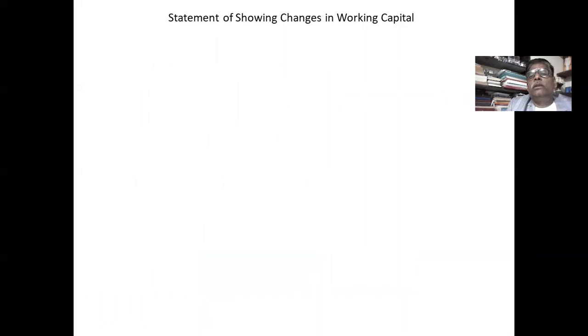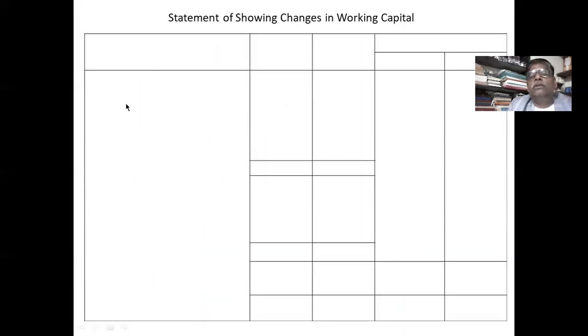Then the statement showing changes in working capital. How to prepare these changes in working capital? Like this, you prepare the table. First is the particulars column. Second is previous year amount, then current year amount. In the particulars column, you take all the current assets and current liabilities and their amounts, previous year amount and current year amount.